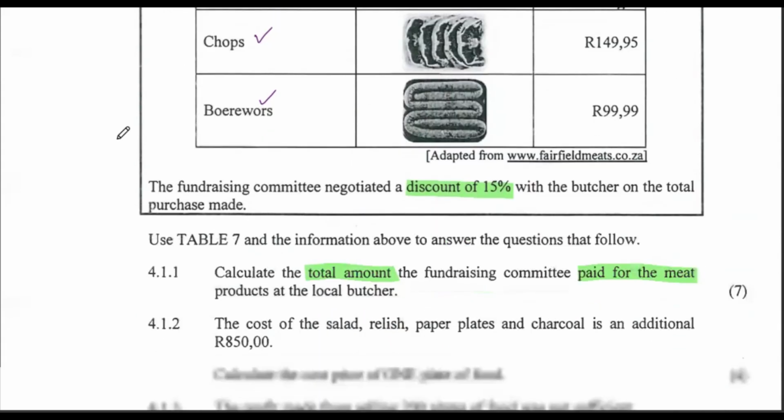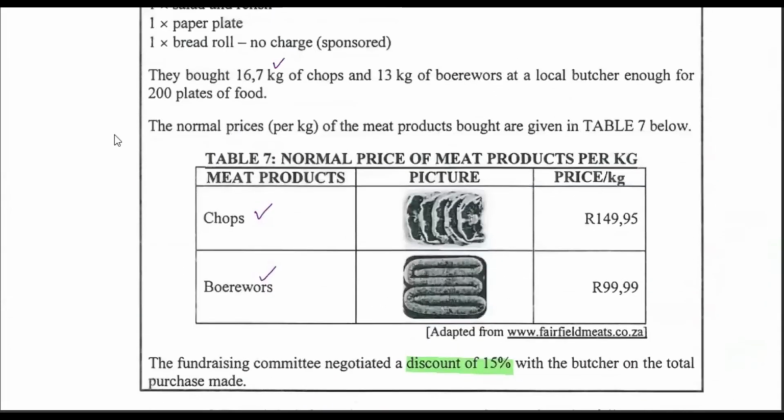So we shall say 16.7 times 149.95, which is 2,504 rands, 17 cents. This is for chops.